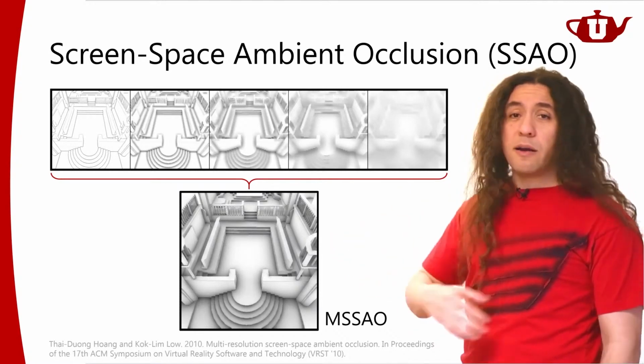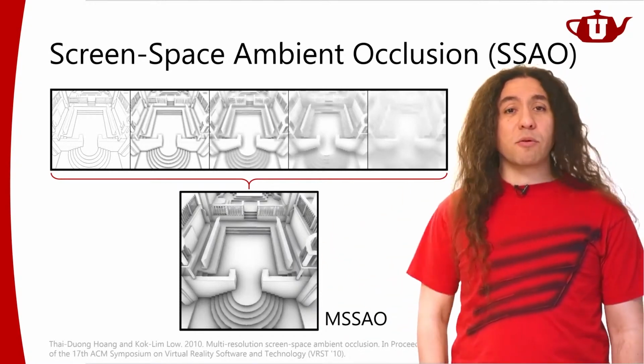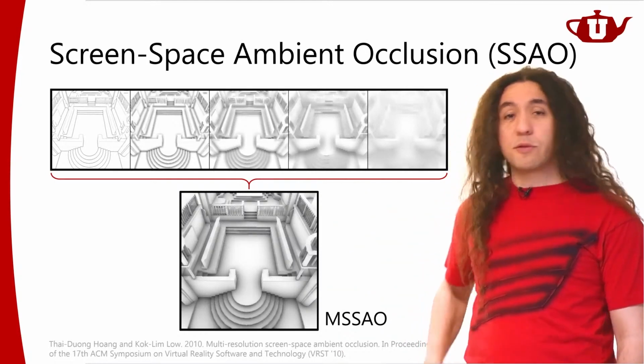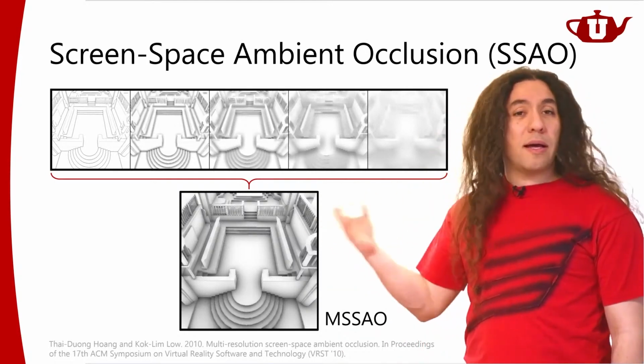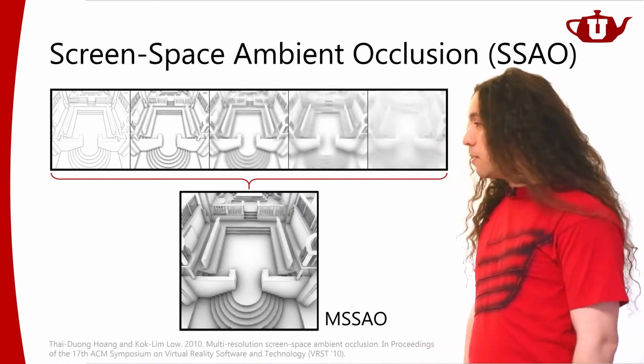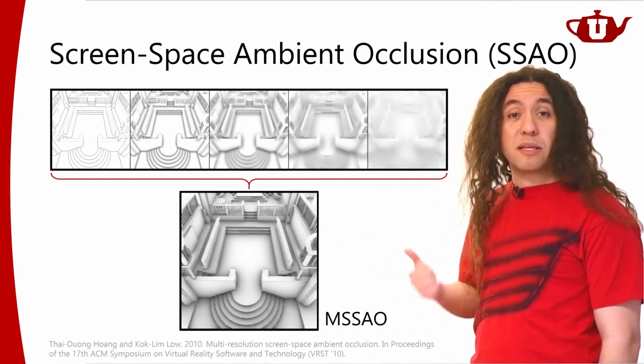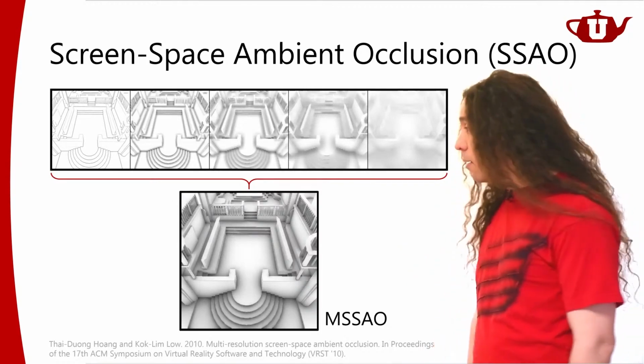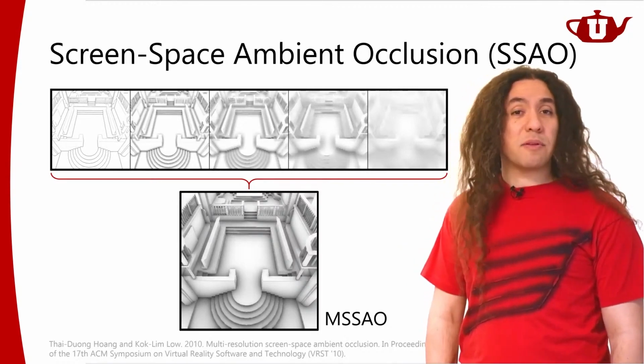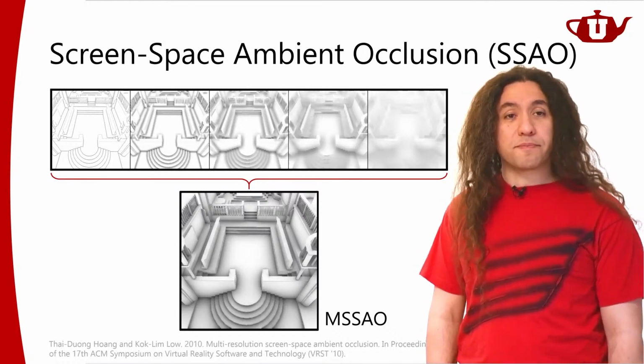So as I said, there are various methods of using screen space ambient occlusion. This is just one of them, and it's producing pretty good results. I actually really like the results of this paper, but there are other even more recent papers on this topic as well.